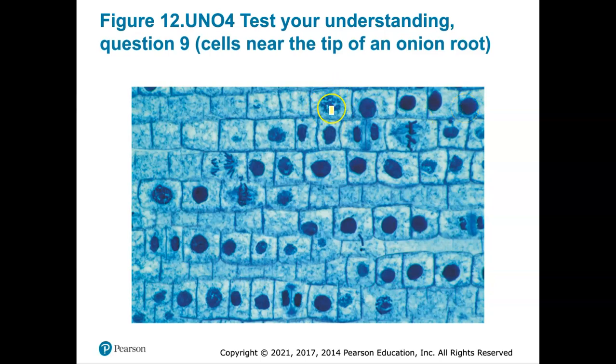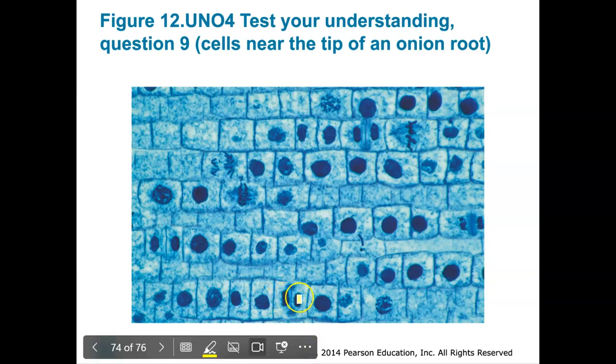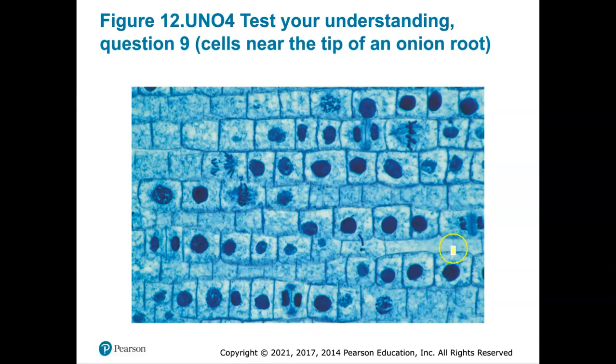This phase is prophase. This is metaphase. This is very early anaphase. This is late anaphase. Telophase right here. Telophase right here. You can't see the second daughter cell very well, but that's definitely telophase.